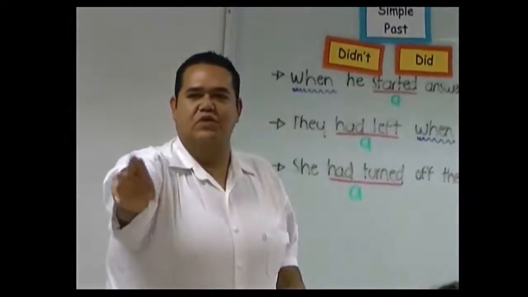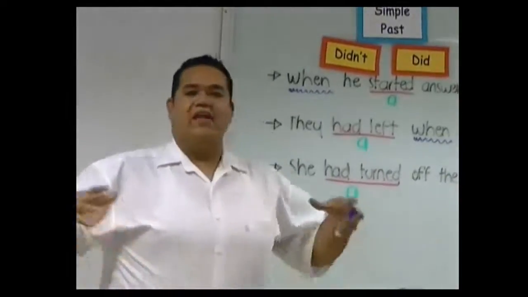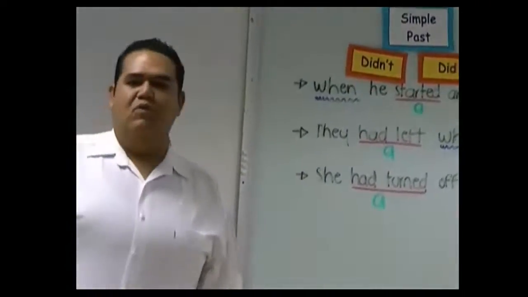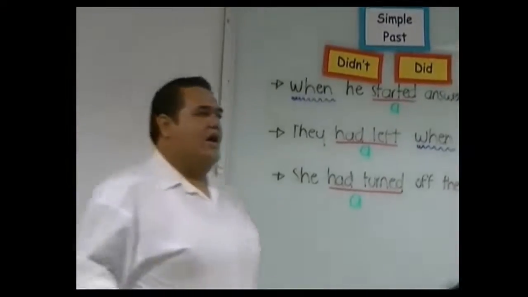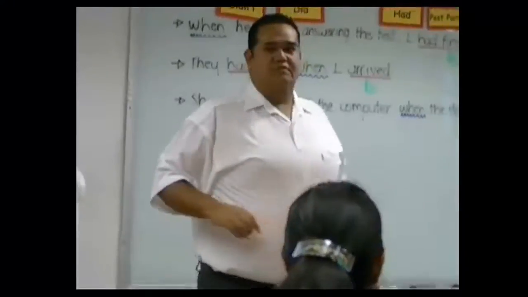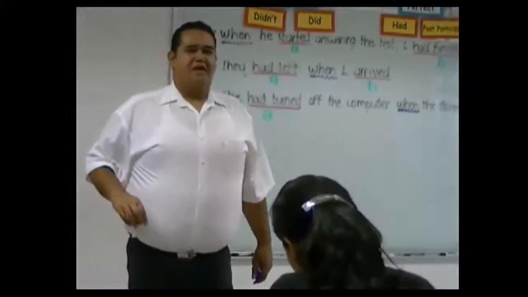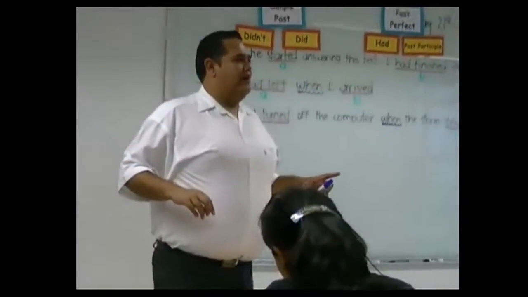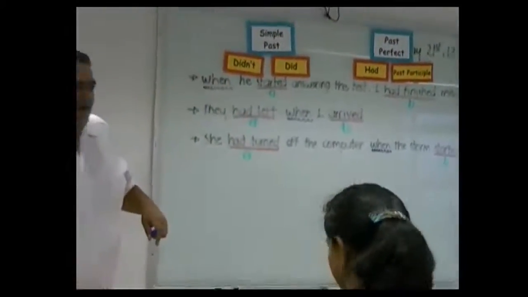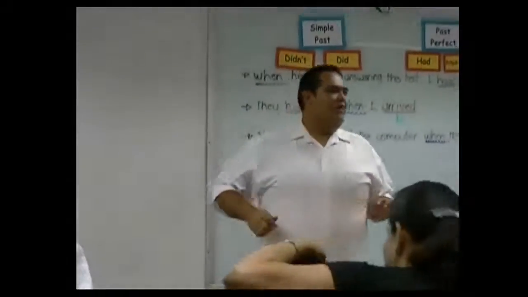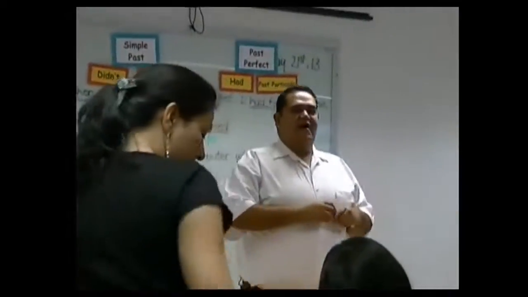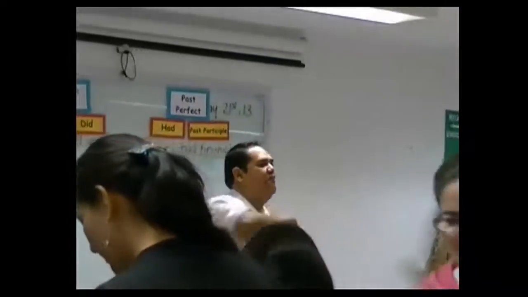Sylvia, 1, 2, 3, number 4. Can you get together with the people who have exactly the same number as you? People with number 1, can you get over here, please? People with number 2, you get over here. People with number 3, you get right there, exactly. Number 4 over there.